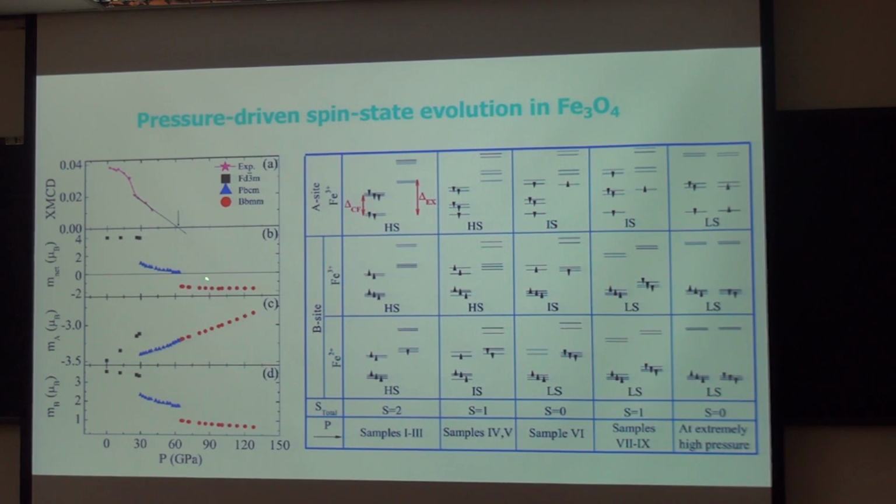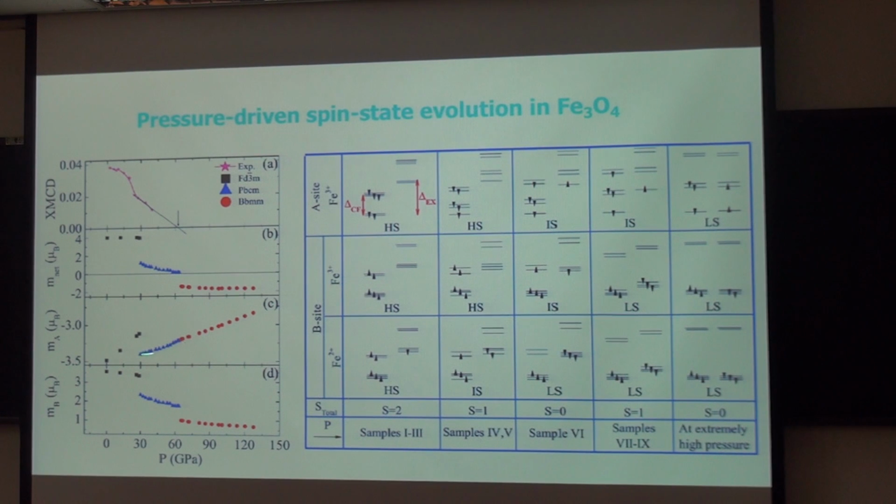But for the higher pressure phase, we can find the net magnetic moment recovered a finite value. This has been explained by the asymmetry of the two sublattices.